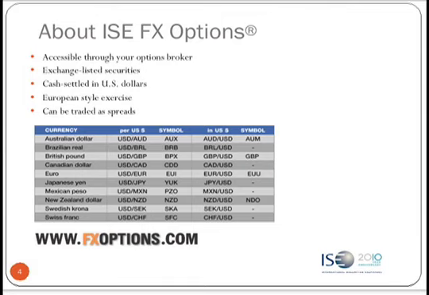The new symbols, as you can see in the graph there, such as AUM, GBP, EUU, and NDO, over in the far right-hand column, are the ones that are measured in the other currencies. So AUM is measured in Aussie dollars. GBP is measured in pounds.